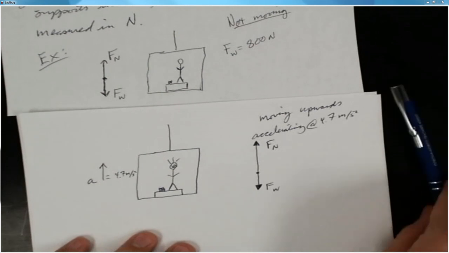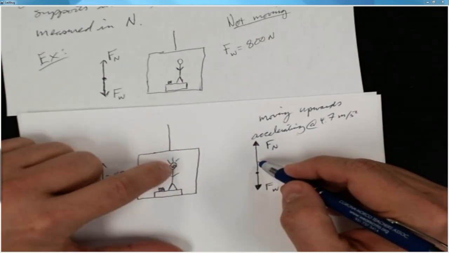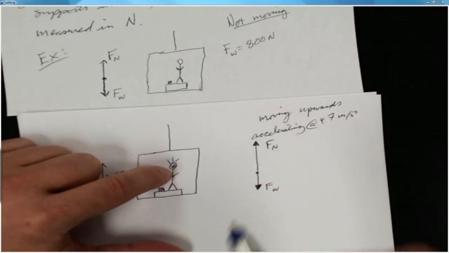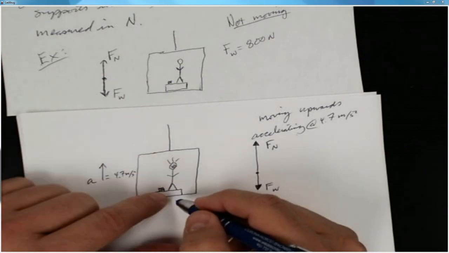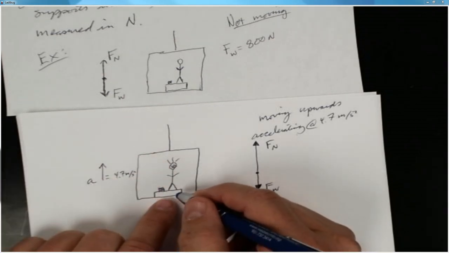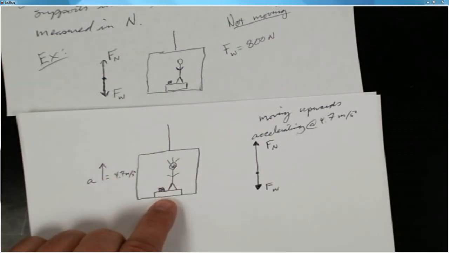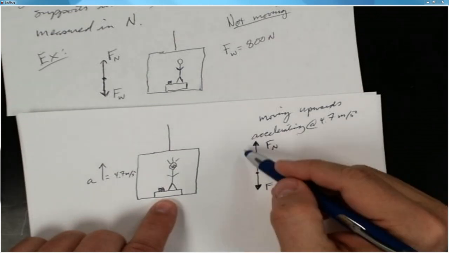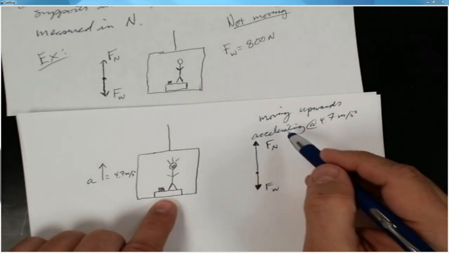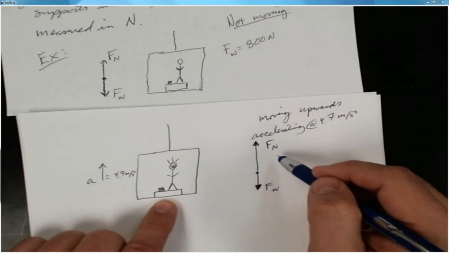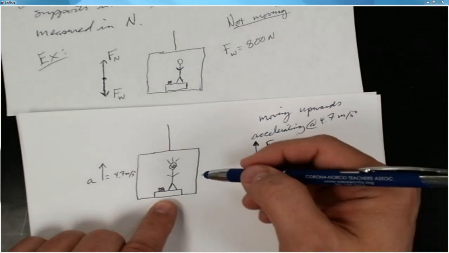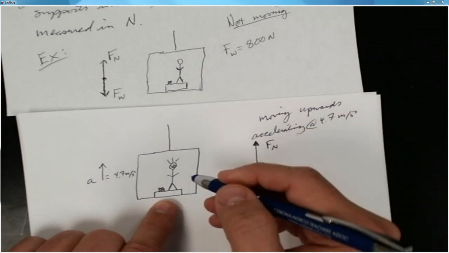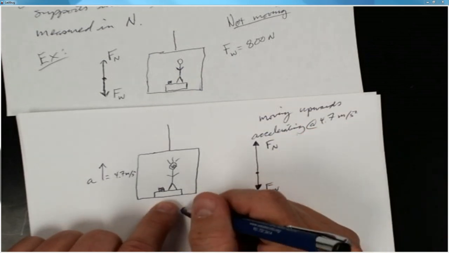So the normal force on the man from the floor is balanced by an equal opposite force on the floor by the man. But I don't care about that when I make my free body diagram, because I'm not making a free body diagram about the forces on the elevator car. So there's a big old equal and opposite to the normal force pushing down on the elevator car floor.